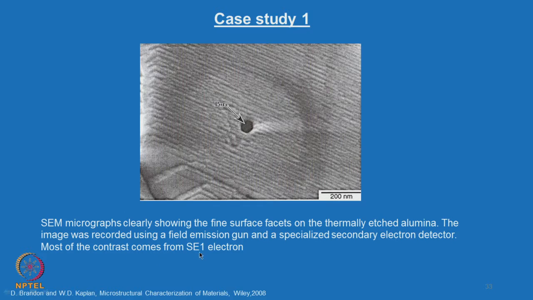Most of the contrast comes from SE1 electrons. You can look at the micron bar, this is about 200 nanometers, and you are able to resolve this nicely. So, if you want to write something on this specimen, you can write.